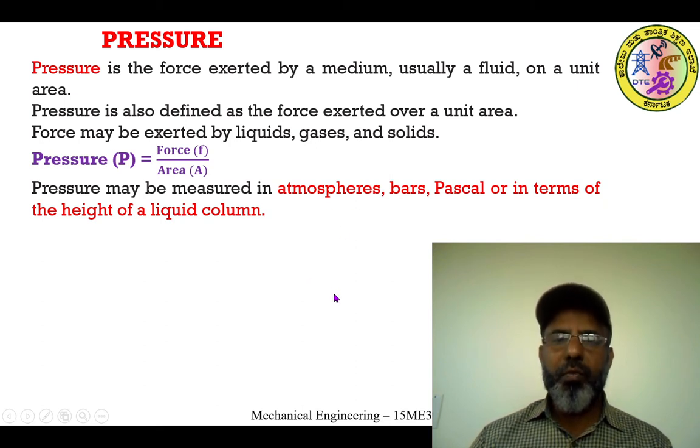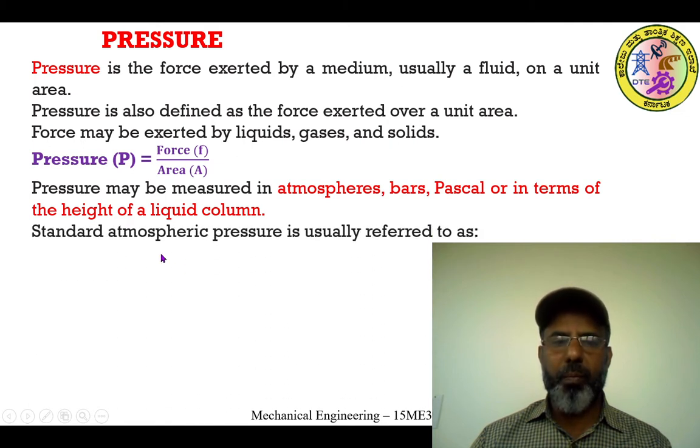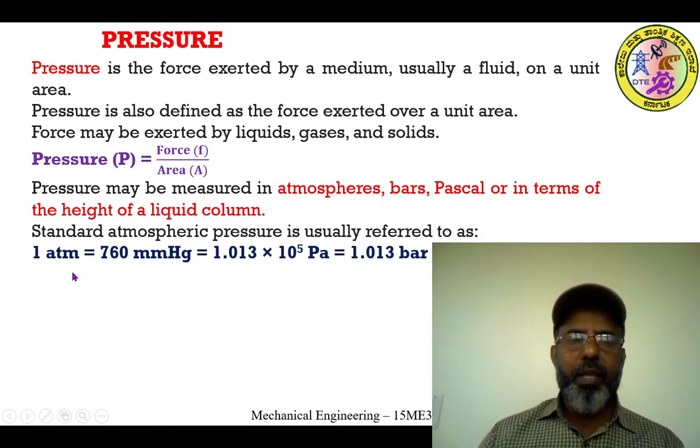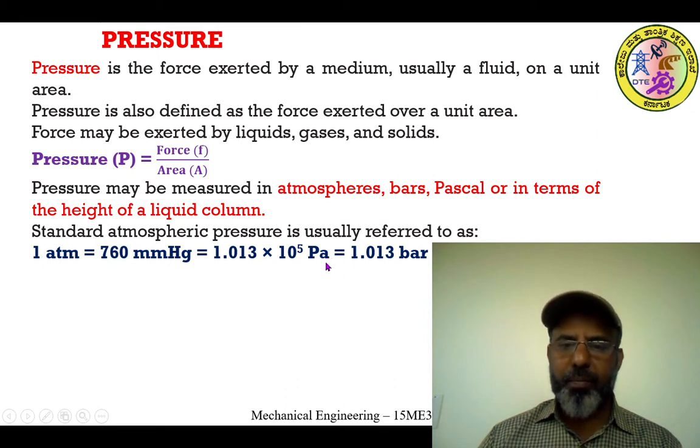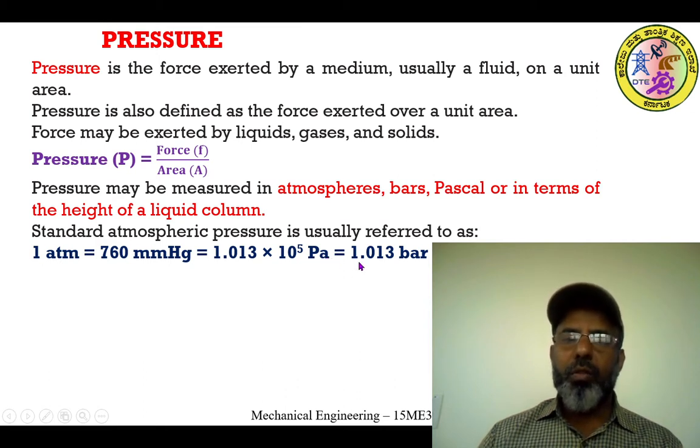Now let us know the difference between atmosphere, bars, Pascal and height of the liquid column. Generally, 1 atmosphere is equal to 760 mm of Hg, that is the height of the mercury column, or 1.013 x 10^5 Pascal, or 1.013 bar.